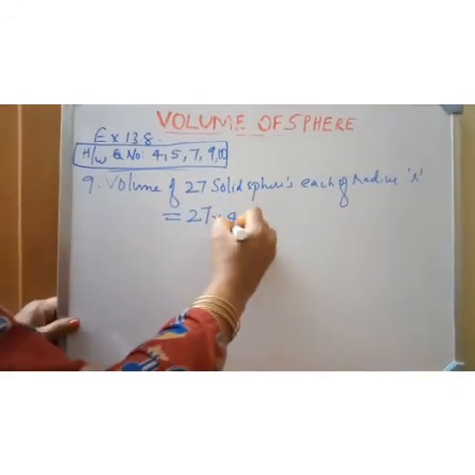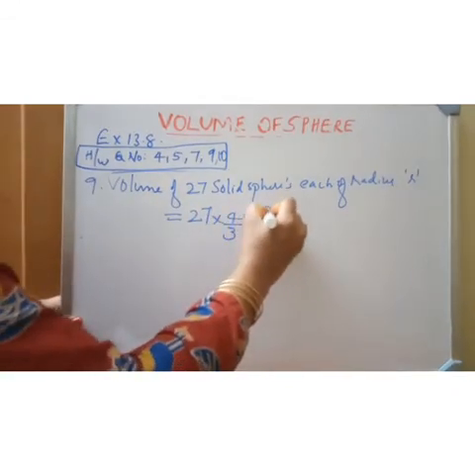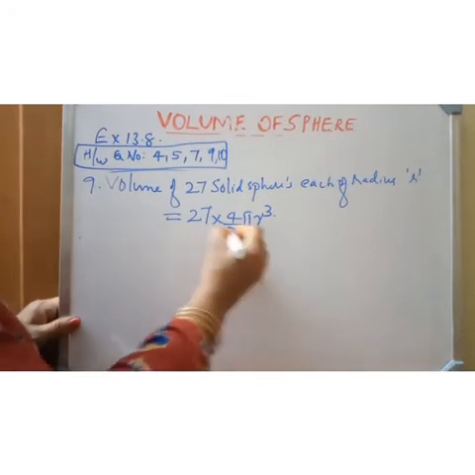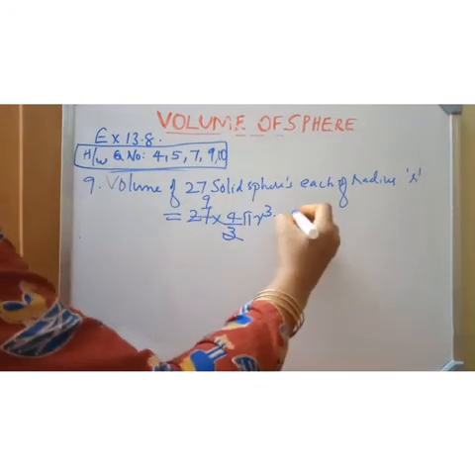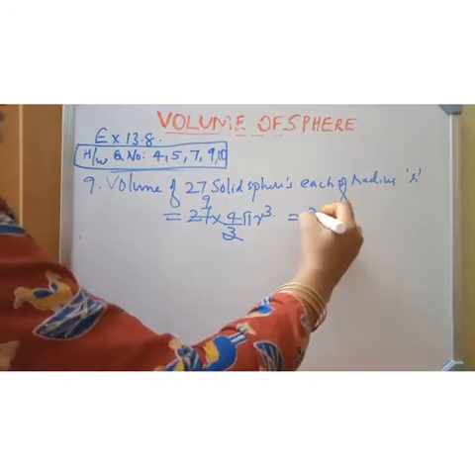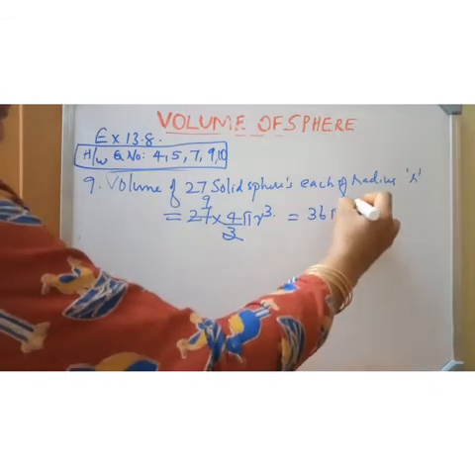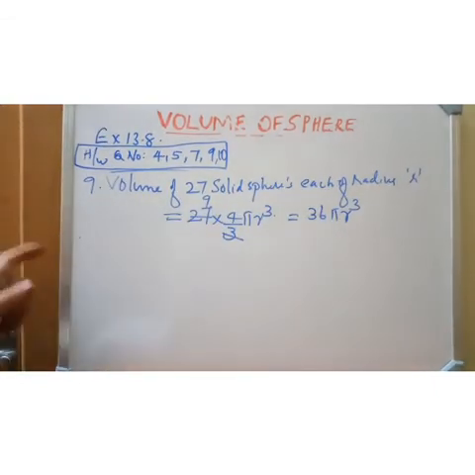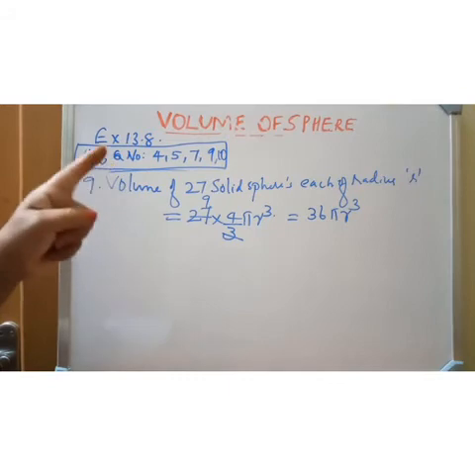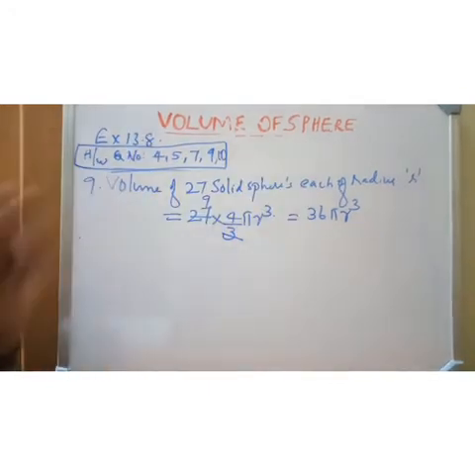So 4 by 3 pi r cube. So that is same as 36 pi r cube. This is the volume of 27 solid spheres, each of radius r.